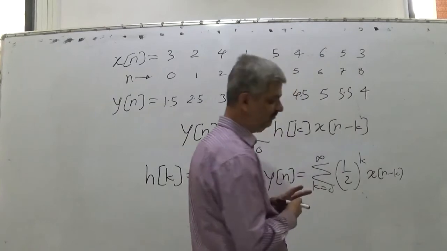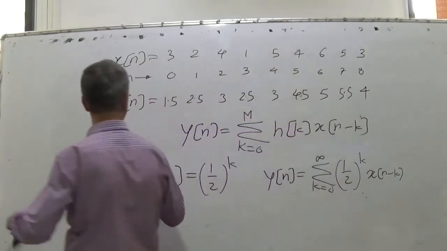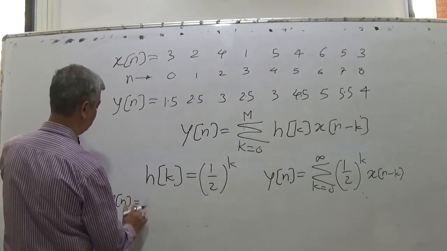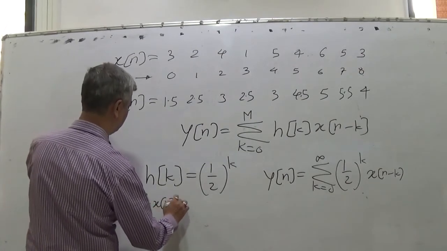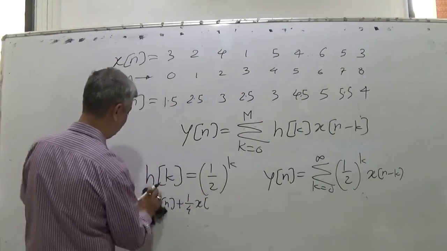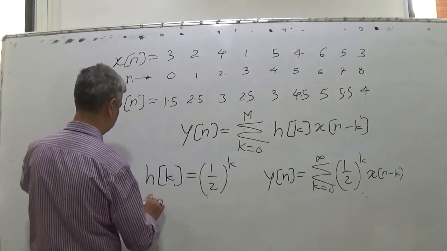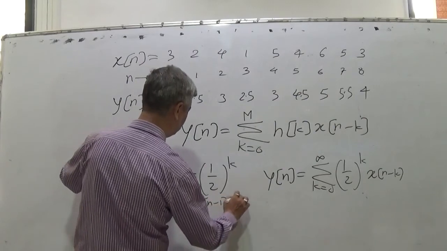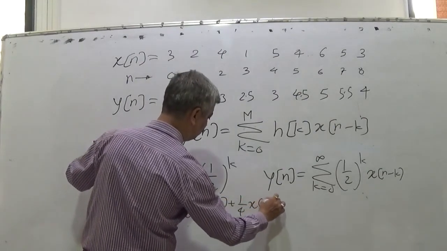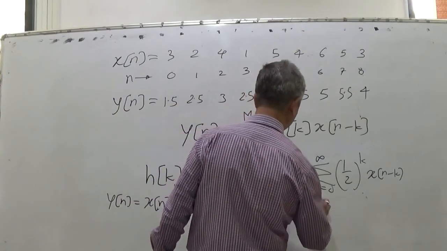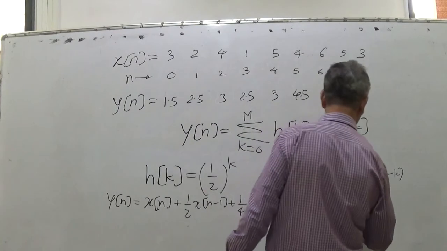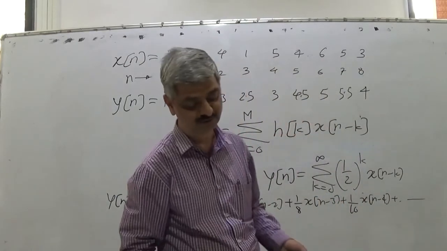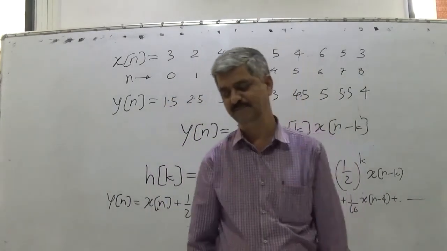So yn can then be expressed as, not half, at k equal to 0 it is 1, xn plus half xn minus 1 plus 1/4 xn minus 2 plus 1/8 xn minus 3 plus 1/16 xn minus 4 and so forth and so on. This is called an infinite system.